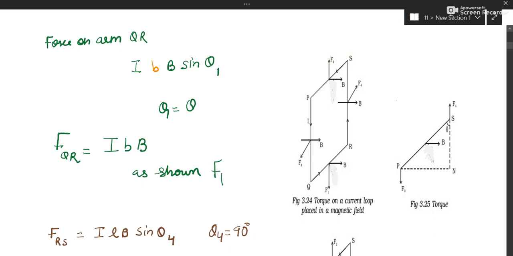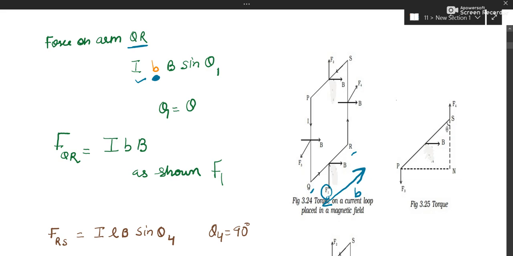You can see I have kept the diagram again and again. Now force on second arm QR. By name it is 1. Okay, this is first arm. So I, now breadth, length of this portion, or you can say breadth of rectangular coil is B. So IB.